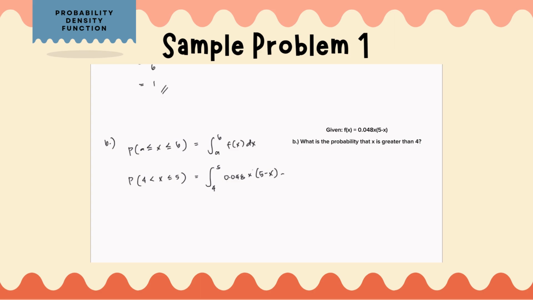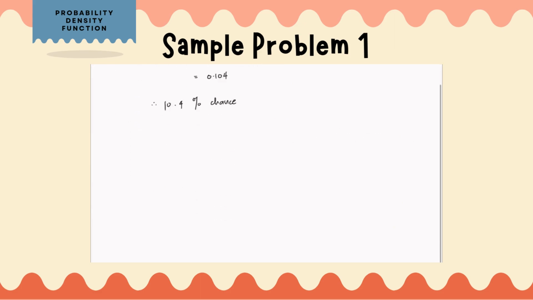Using your calculators, you can input this, and this will result in 0.104, or there's a 10.4% chance that x is between 4 and 5, or that x is greater than 4.